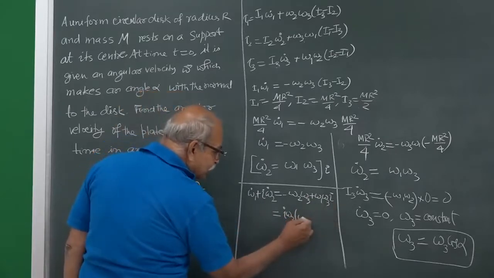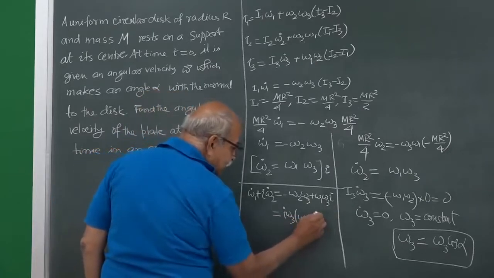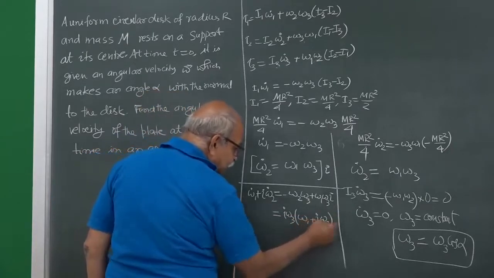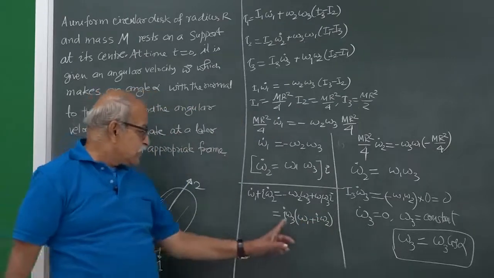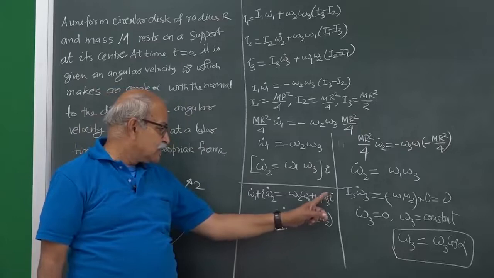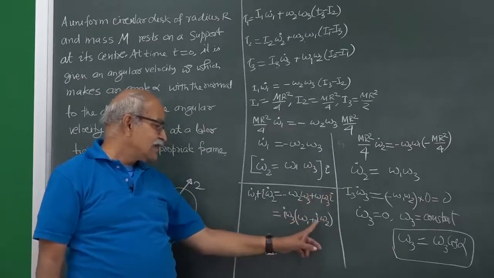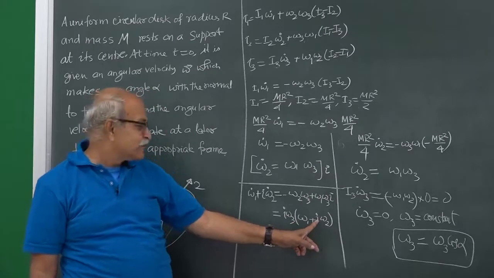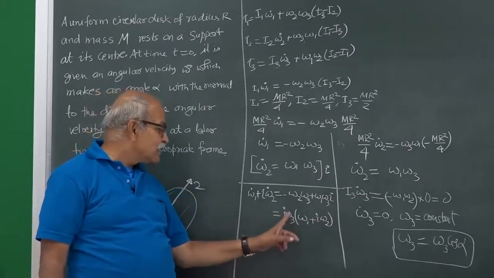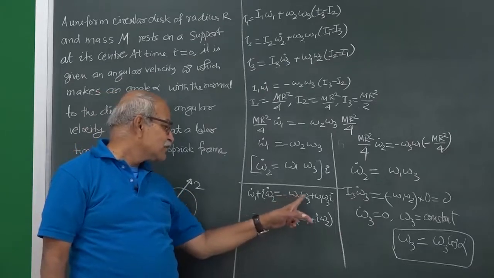From here I get omega 1, and from here I get plus i omega 2. You can check. When I multiply this, I get i omega 3 omega 1, which is here. When I multiply this, i into i is i square, that is minus 1, and then omega 3 into omega 2. So, here is minus 1 and here is omega 2 into omega 3.